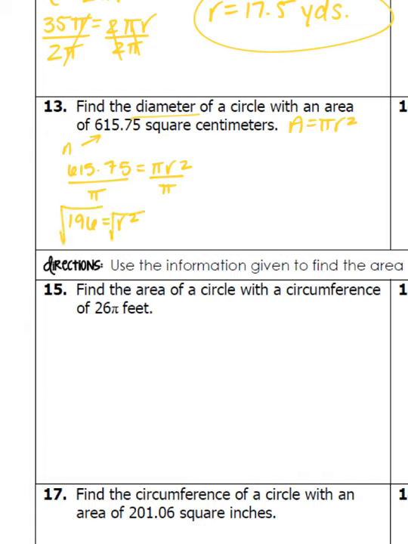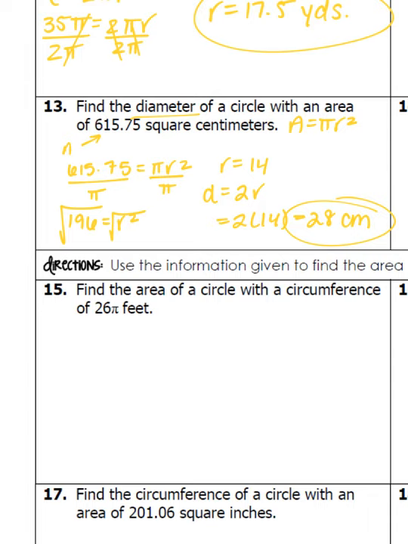You take the square root. And the square root of 196, I think, is 14? Yep, 14. So the radius is 14. But the diameter is equal to 2 times the radius, okay? So it's 2 times 14, which is 28 centimeters.